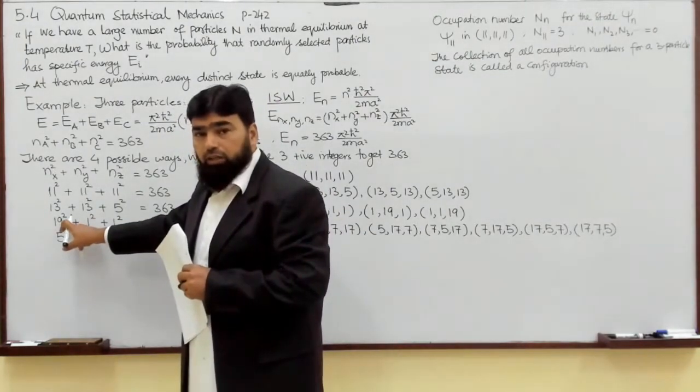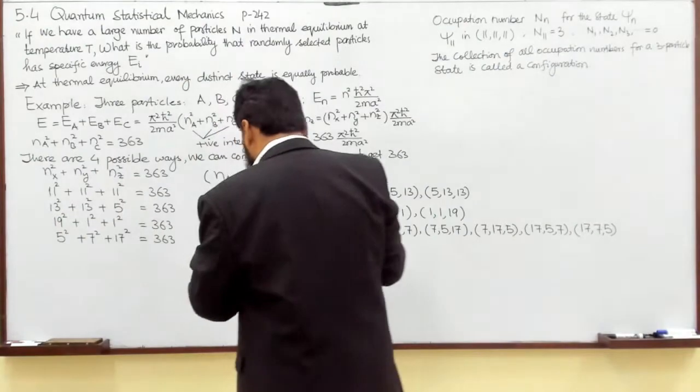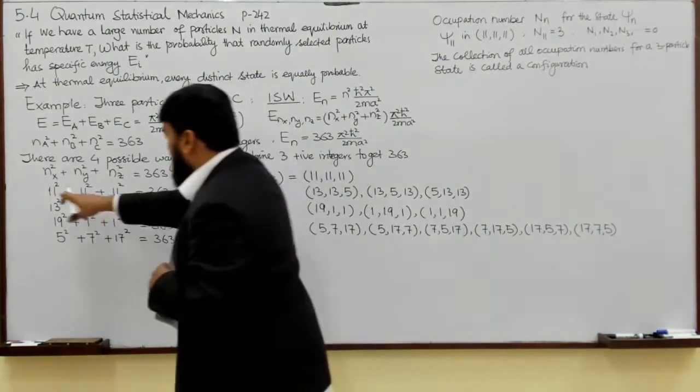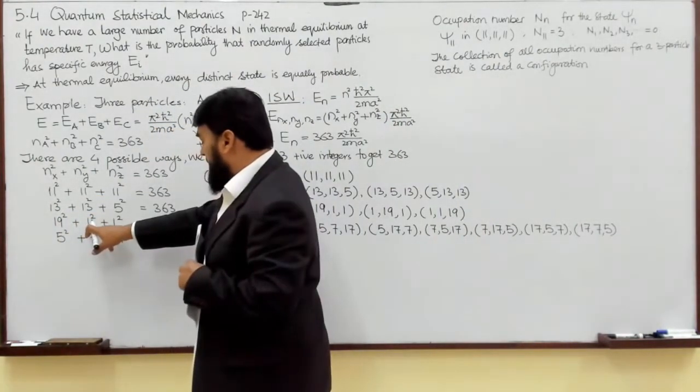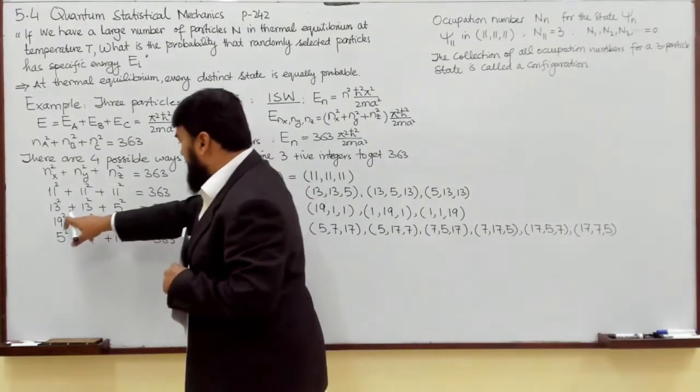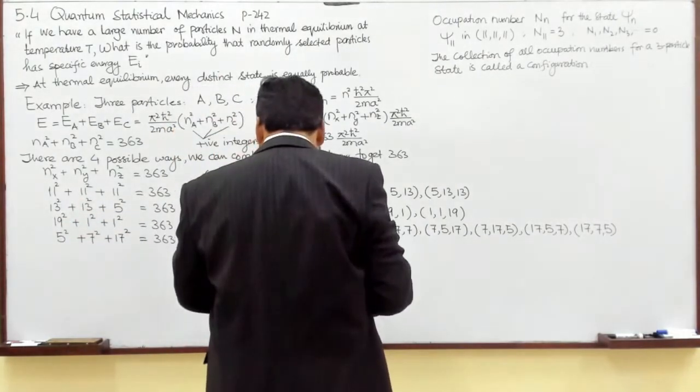So I will put slots from 1 to 19, 1 being the minimum number here and 19 being the maximum number here.